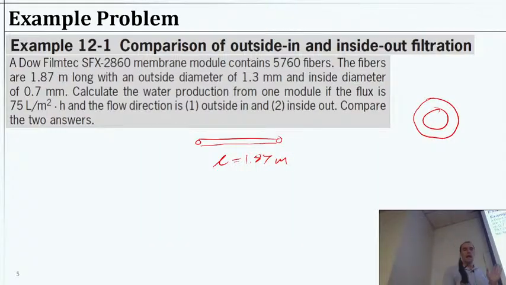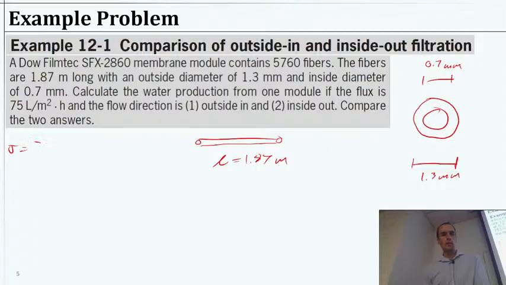And they have an outside diameter of 1.3 millimeters and an inside diameter of 0.7 millimeters. We're given a flux of 75 liters per square meter per hour. So we can say J is 75 liters per square meter per hour.